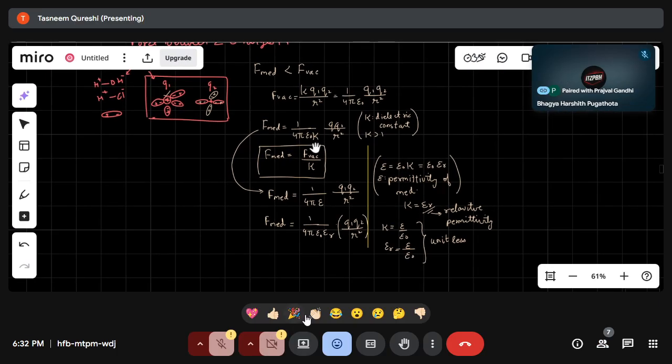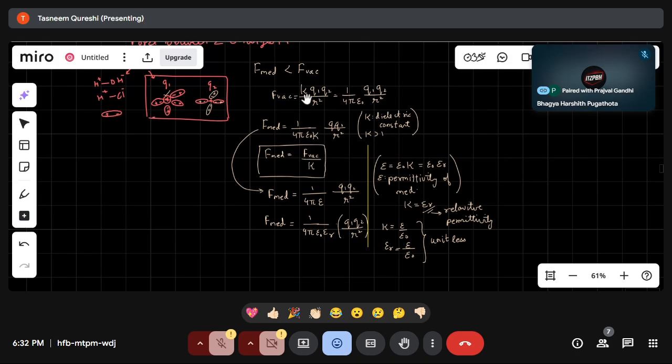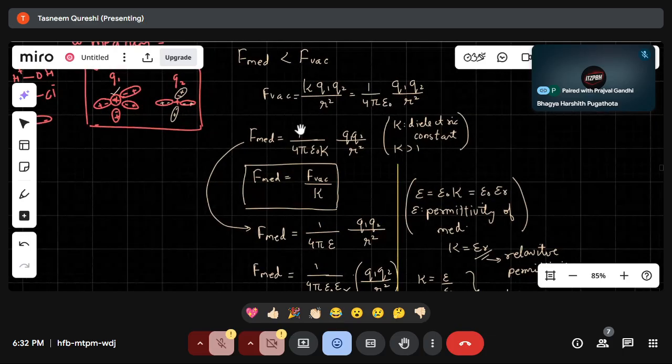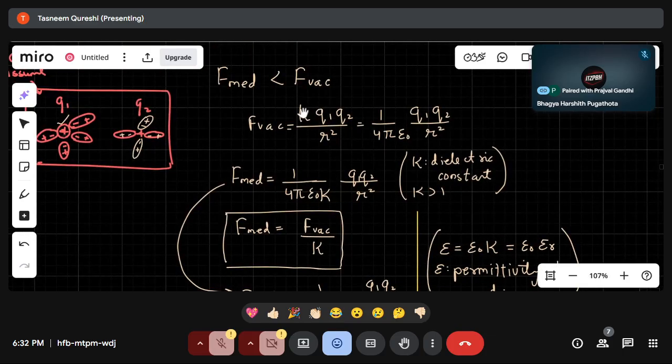We divided this entire force by a number called capital K. Please do not confuse. You can write C also instead of this K, because it is just a symbol for 1 by 4 pi epsilon 0. But this K, the K with which you are dividing, is in itself a quantity called dielectric constant, and its value is greater than 1.